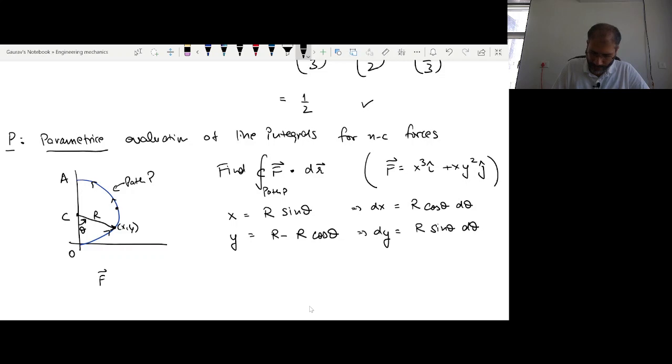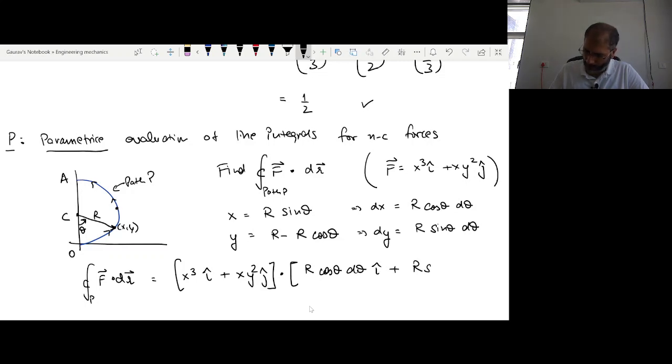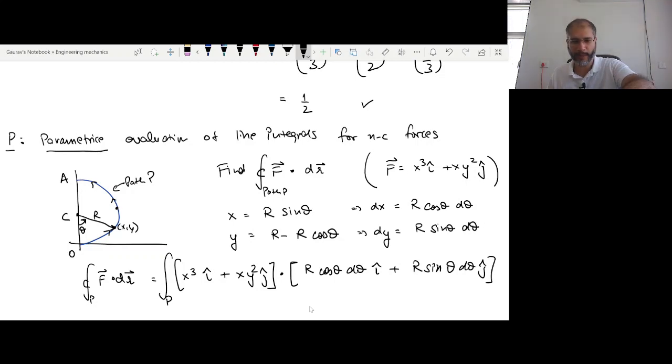So let's evaluate the integral F dot dr over the path P. So dr becomes dx i hat plus dy j hat, and now we do not need to use the sign C because we already have taken into account the path.